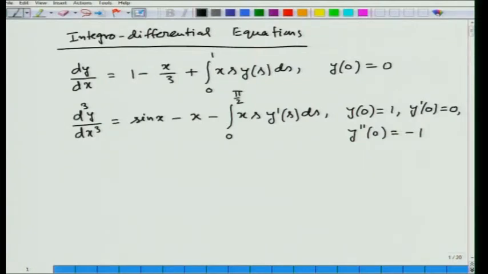So, first of all, we see the direct computation method for solving Fredholm integro differential equations with a special type of kernel, that is we are going to consider separable kernels only.